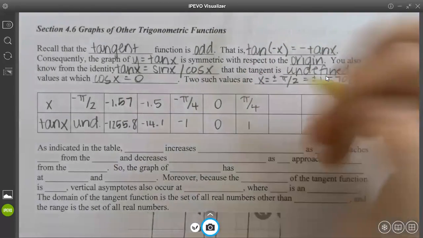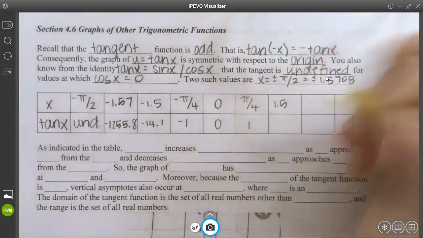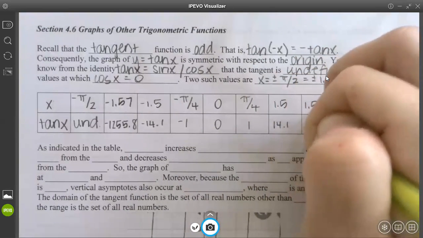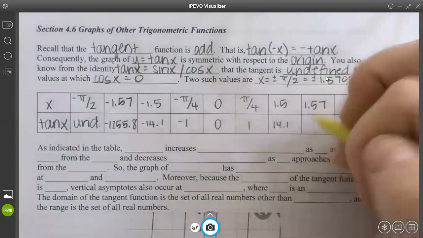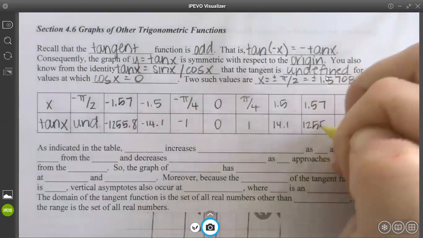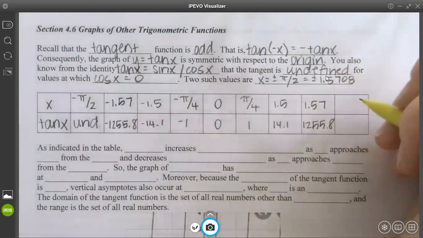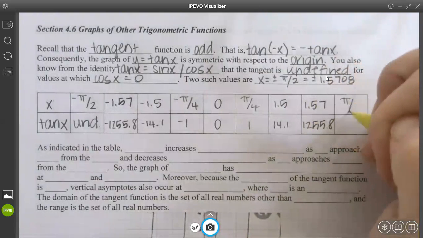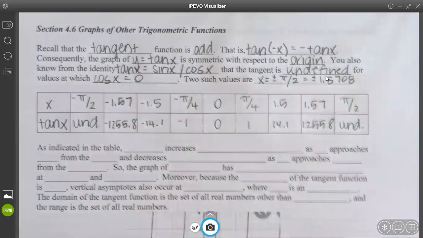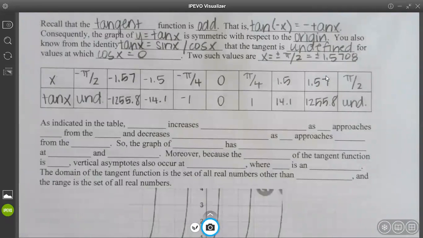So pi over 4 is 1. 1.5 is going to be 14.1. 1.57 is 1255.8. And then pi over 2 again would be undefined.